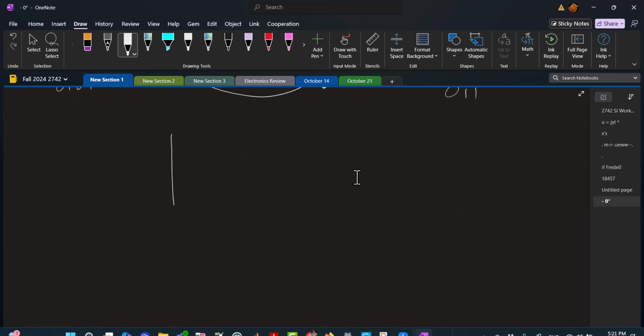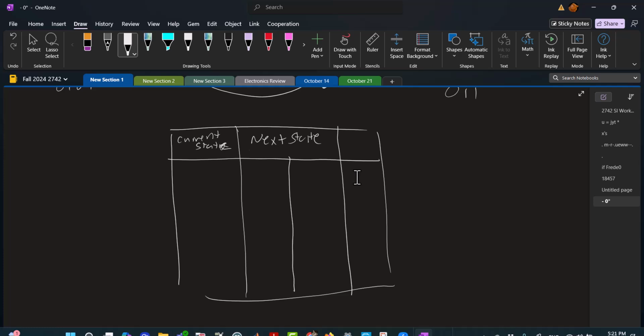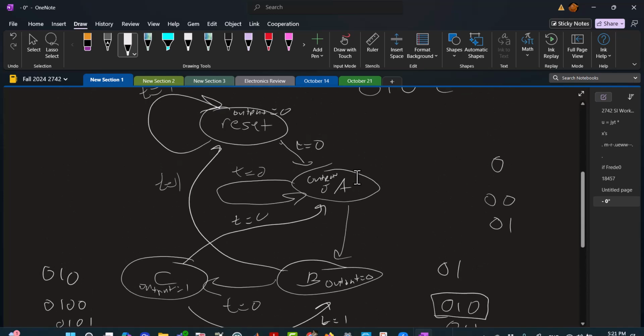My state table would look like this. Did I not call the reset anything?